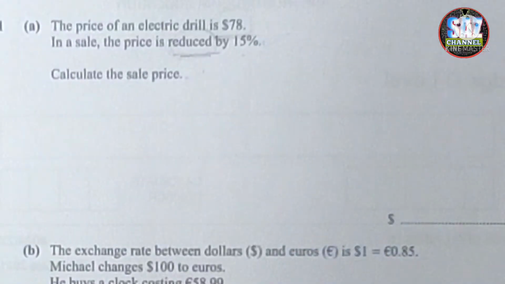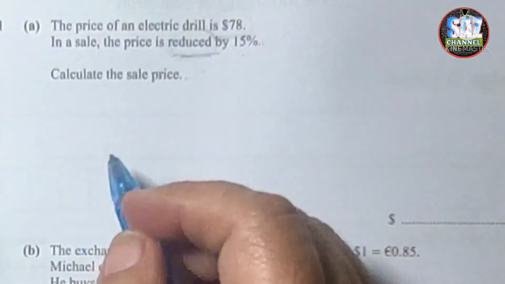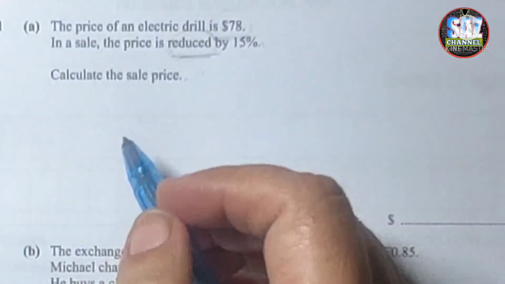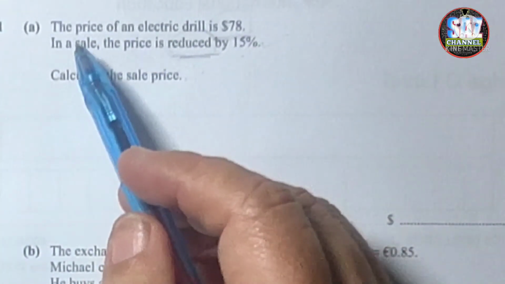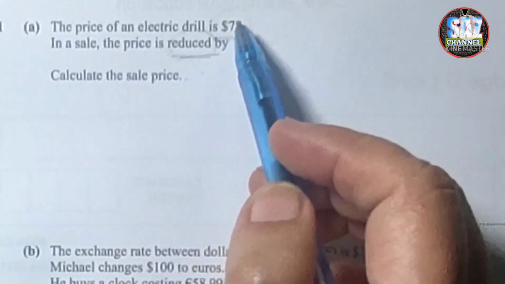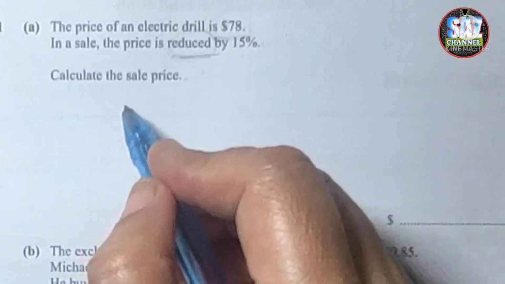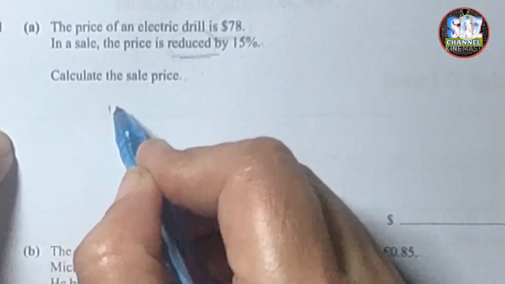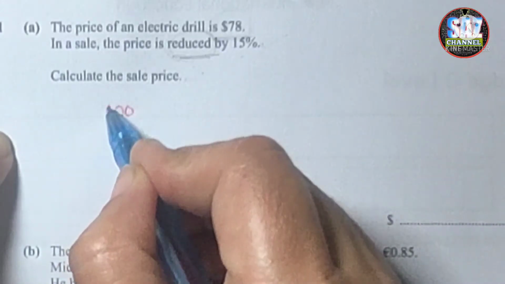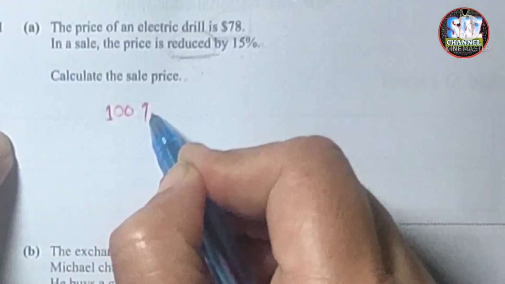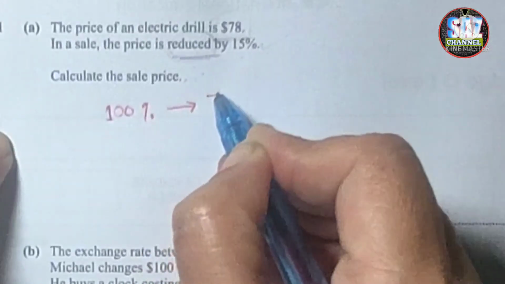Okay, so recall how to do this type of situation. We can take the help of the ratio method here. When the price is 78, we have to give 100%. When we have 100% price, then we have to pay $78.